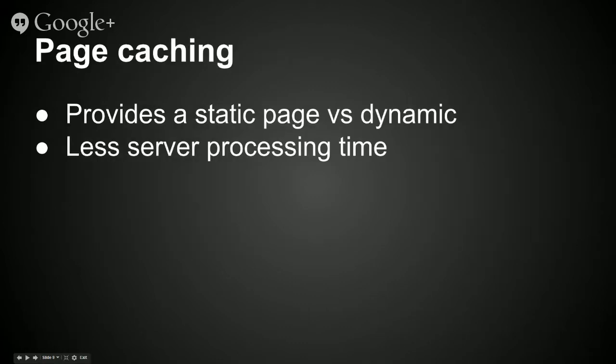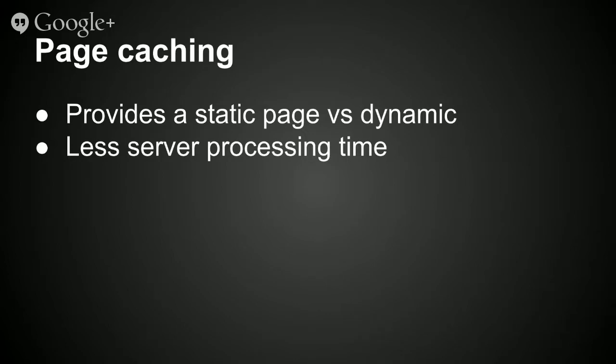So page caching provides a static page versus a dynamic page. With a dynamic page, when your browser views this page, the server has to go through it and run all the code, pick out all the information it needs from the database, and provide you with the static HTML. So what page caching or pre-caching does is it'll run this once a day, once every 6 hours, once every 15 minutes if you want it to, and it will create these static HTML pages for you.